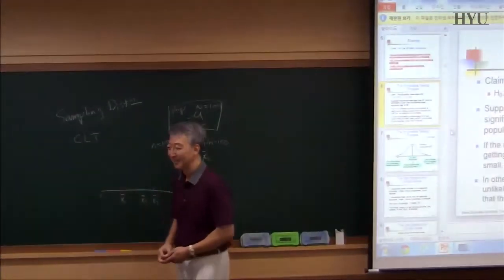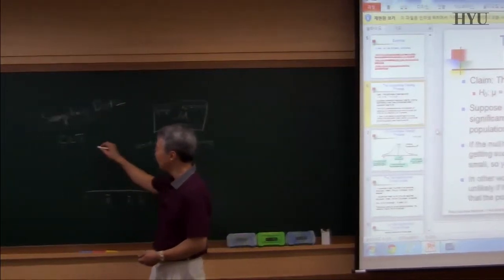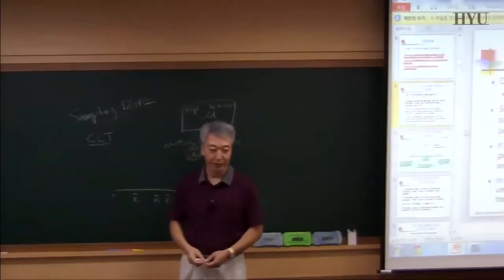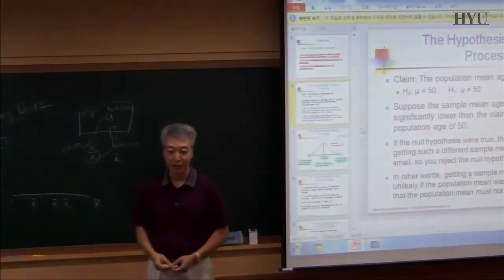Something like, as the sample size gets larger, the sample statistic approaches the normal distribution. Yeah, about right. So CLT, central limit theorem. This is a very important theorem, right? Without CLT, statistics almost cannot exist.